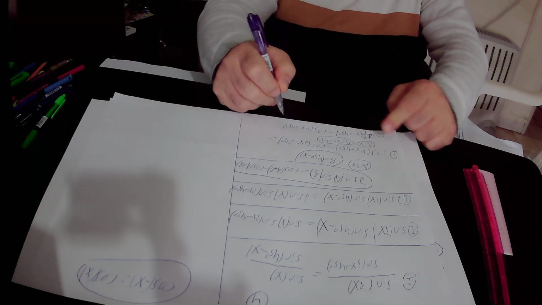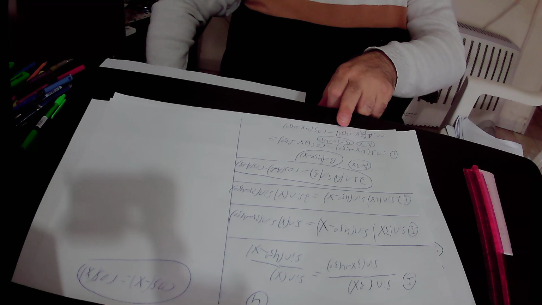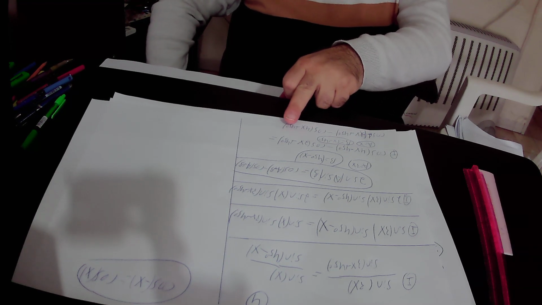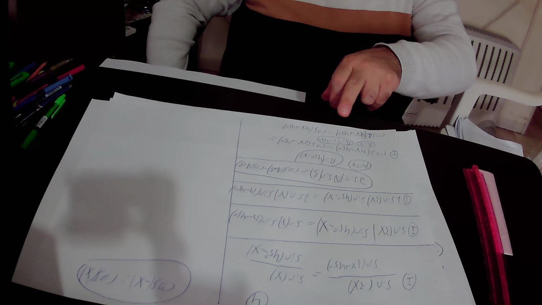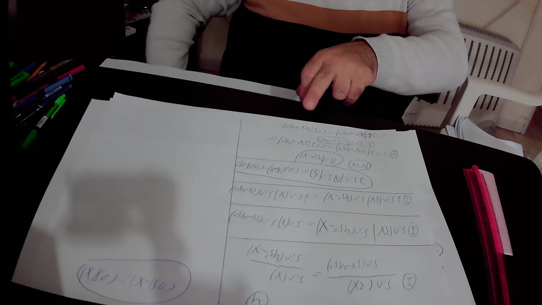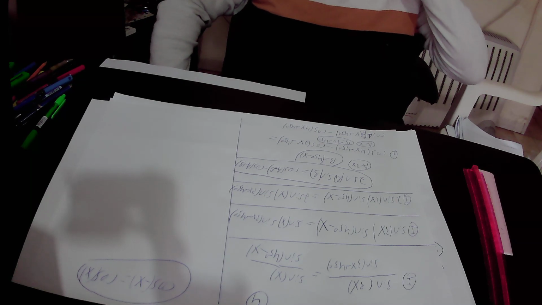So in conclusion, we found out that cosine 4x minus 45 degrees minus cosine 2x plus 45 degrees equals cosine 2x plus 45 degrees minus cosine 4x plus 45 degrees.